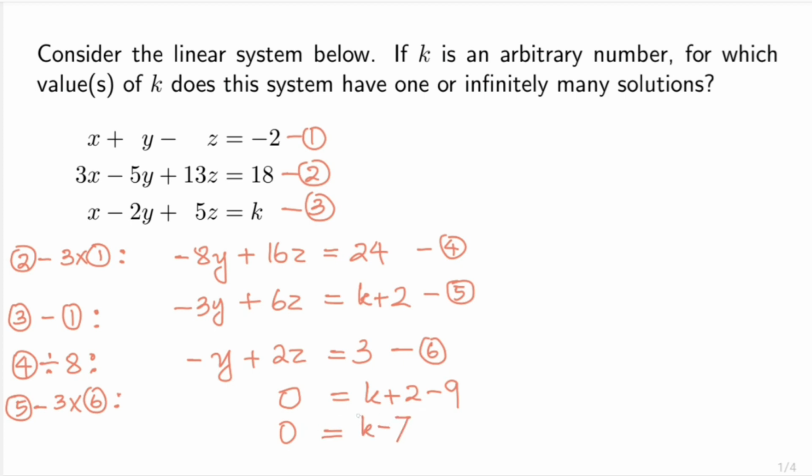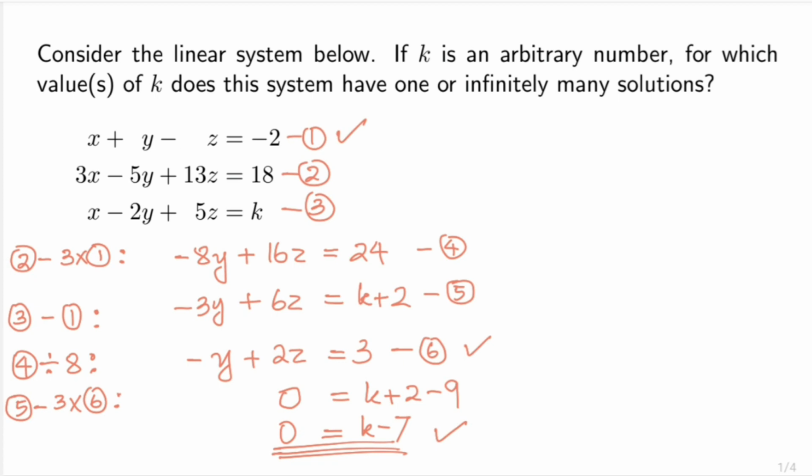So after eliminating y from the last equation, we end up with 0 equals k minus 7. So our equations that remain are equation 1 and then equation 6. That's what we got after we divided through equation 4 by 8. And then we have this one.